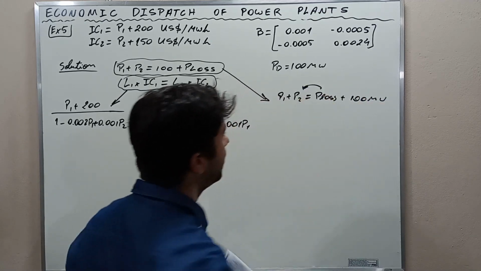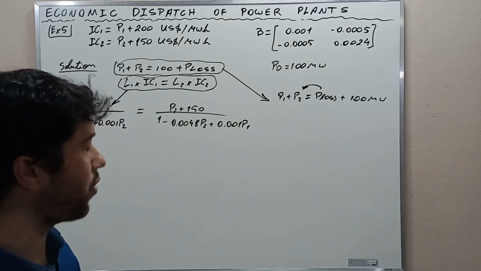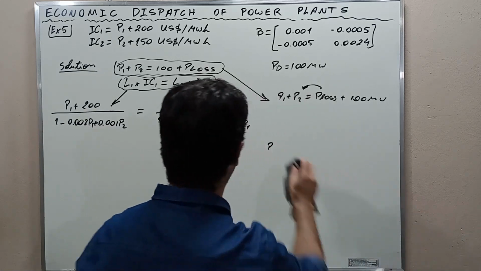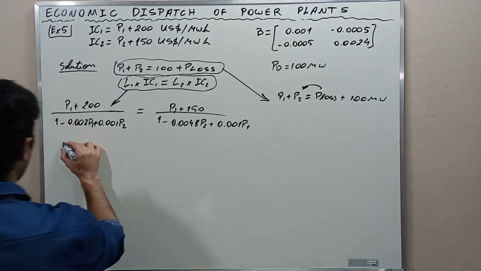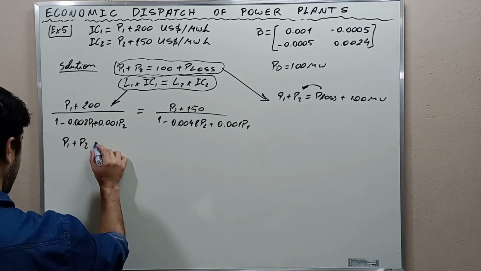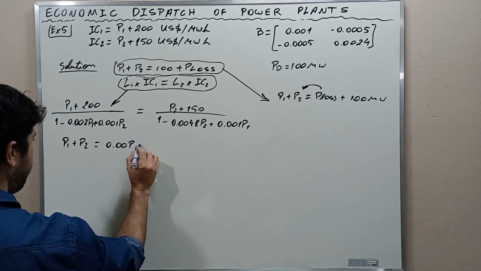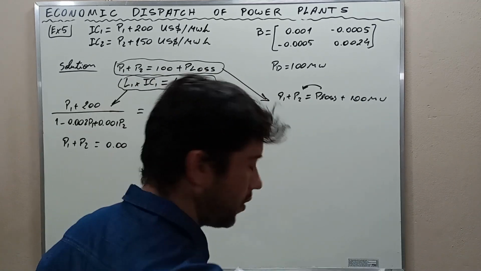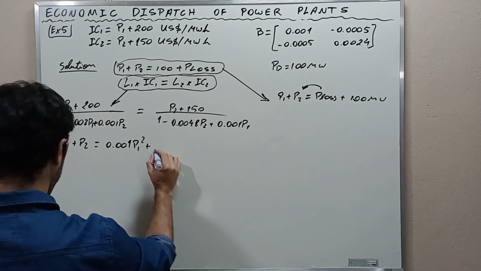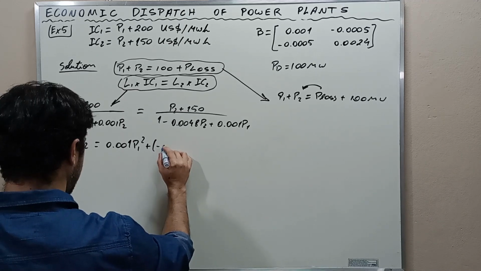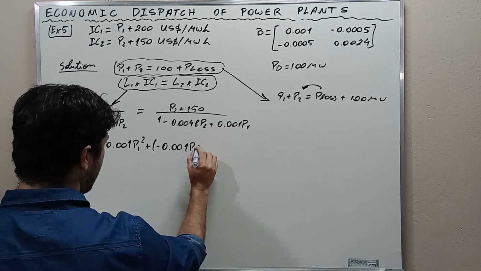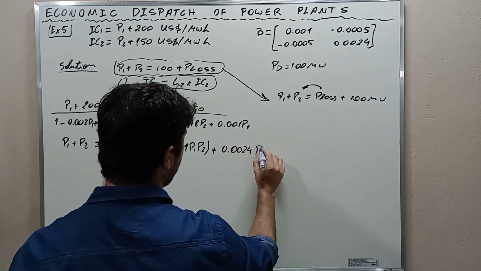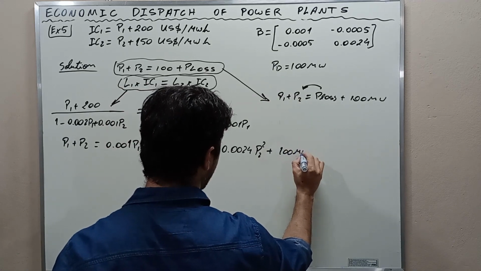I'm going to pass this to this side and use the expression that we found previously, and we find that P1 plus P2 is equal to 0.1 P1 squared minus 0.001 P1 P2 plus 0.0024 P2 squared plus 100 megawatts.